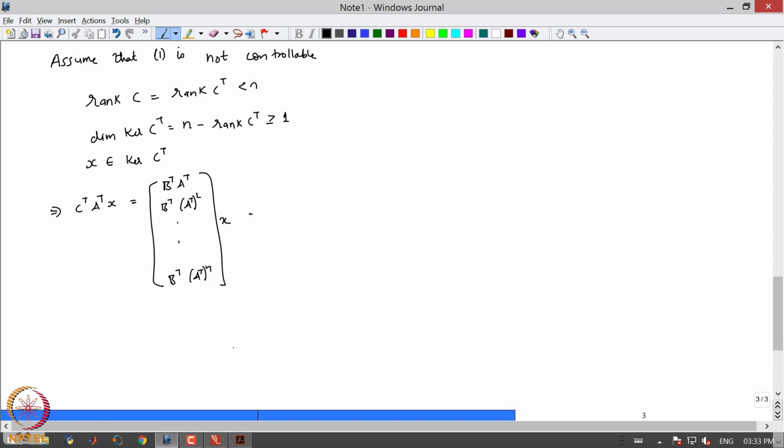Okay. So, if x is in the kernel of C transpose, which means C transpose of x will be 0.